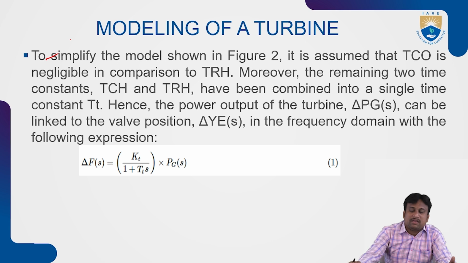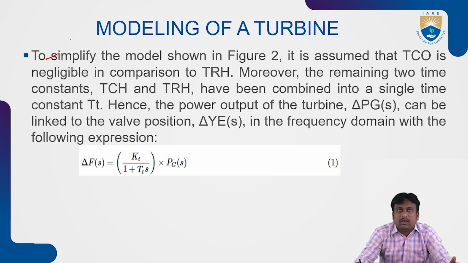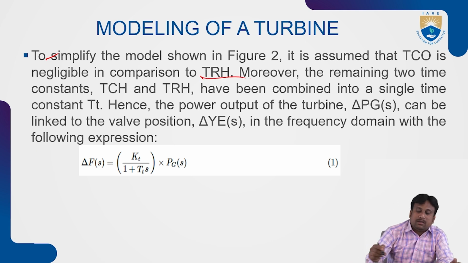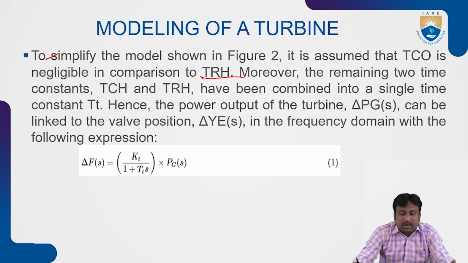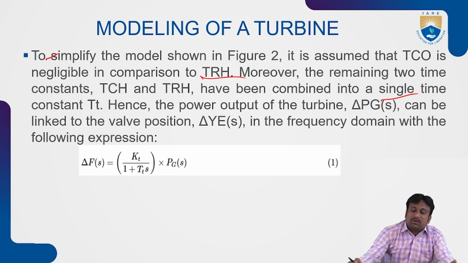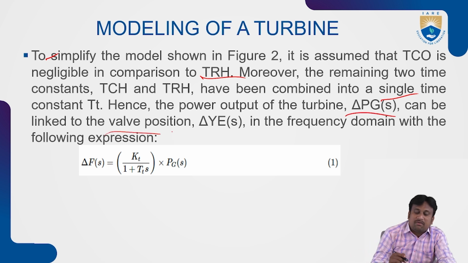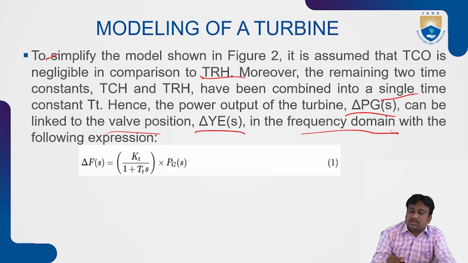So to simplify the model, as shown in figure 2, it is assumed that TCO is negligible in comparison to TRH. Moreover, the remaining two time constants, TCH and TRH, have been combined into a single time constant TT. Hence, the power output of the turbine, delta PG of S, can be linked to the valve position, delta YE of S, in the frequency domain.